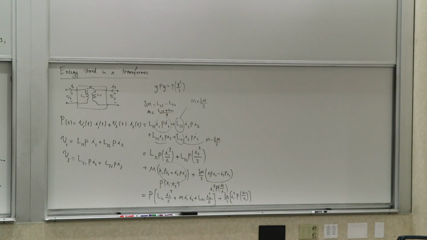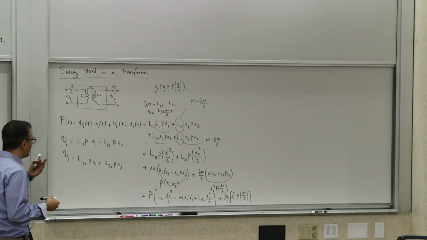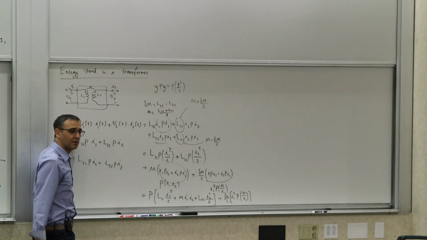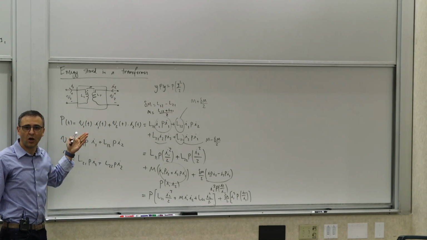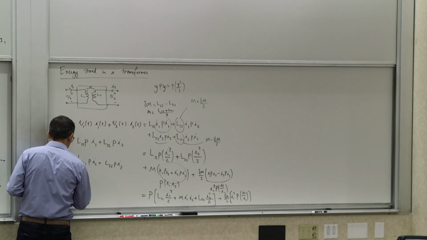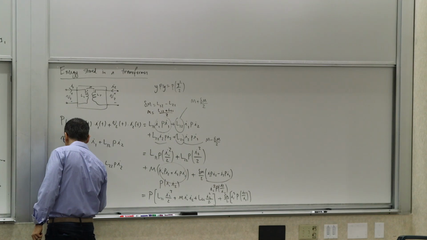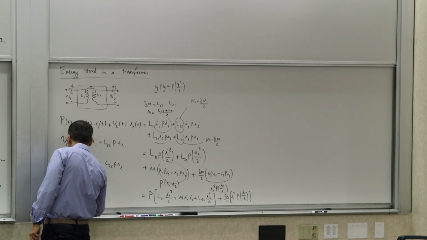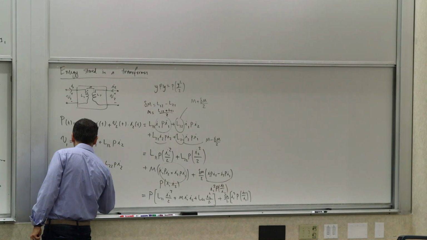Now, the total energy delivered to this thing is, of course, what? This is the power, right? The total energy delivered up to time t is what? We've done this before. Energy delivered is going to be the integral of the power, right?